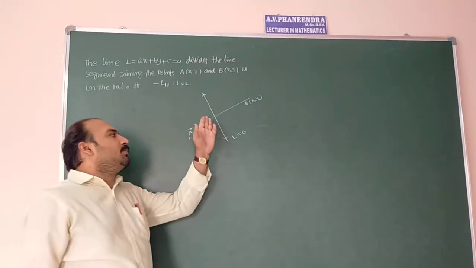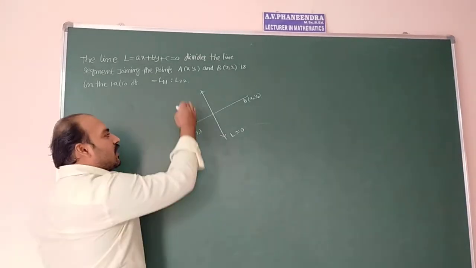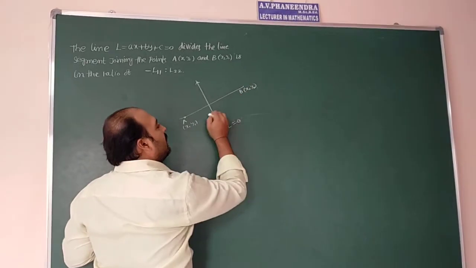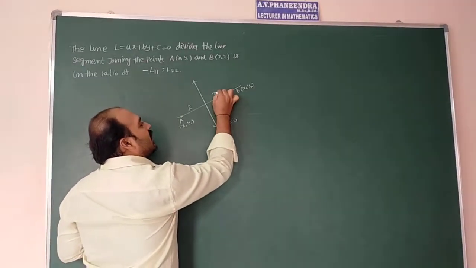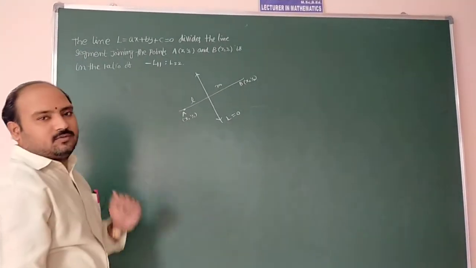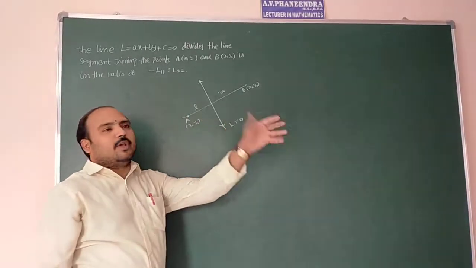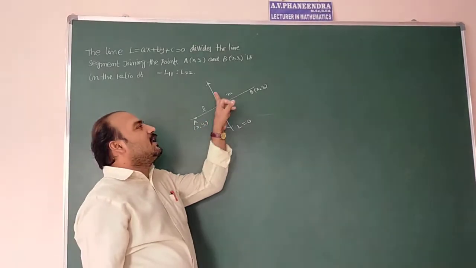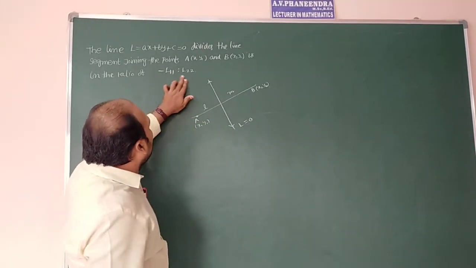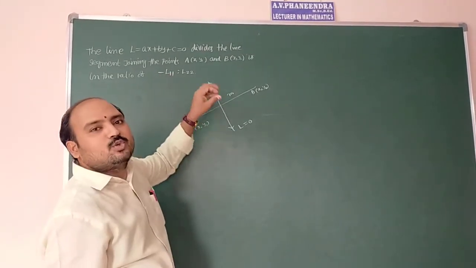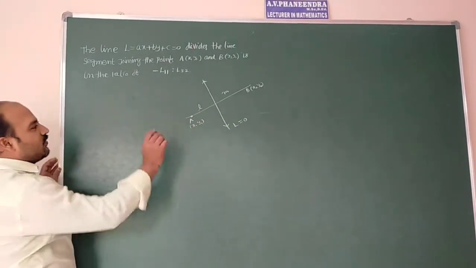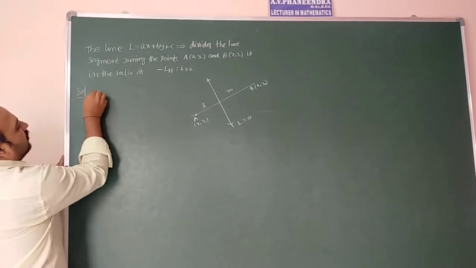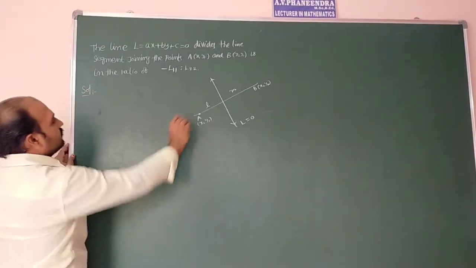It's not exactly perpendicular, just this line divides the line segment AB in the ratio of L is to M, you can assume that, or M is to N, you can assume that. So ultimately ratio is L is to M. That value you are going to prove as minus L11 is to L22. First, what is the meaning of L11, L22? I am going to tell the proof of this one.